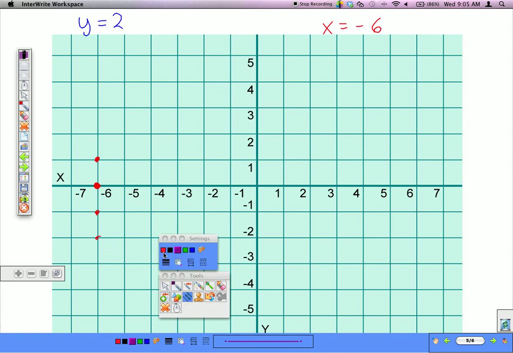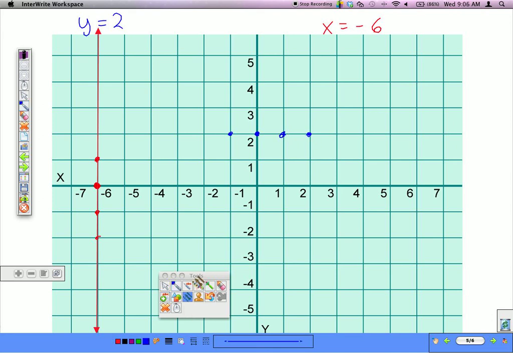Here's my vertical line. Okay, need my second line. Now we have y equals +2. Y is +2 right here. And regardless of what x is, y is always +2.